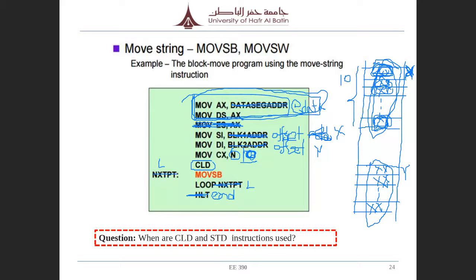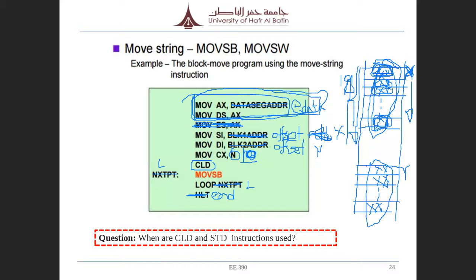Is that clear? If we use CLD, that means we go from lower memory location data to higher memory location. That means we are moving this way. It's okay.